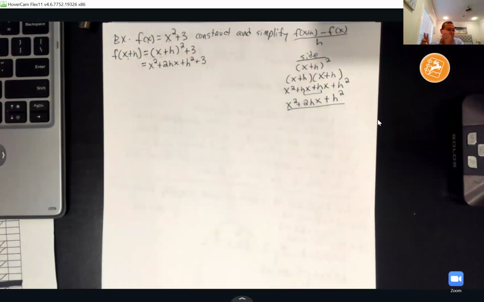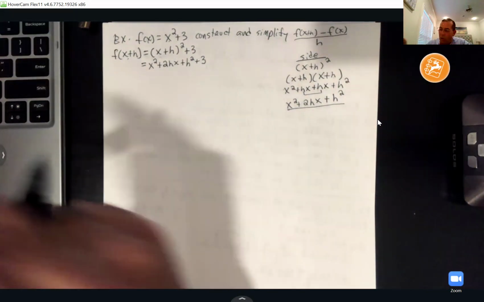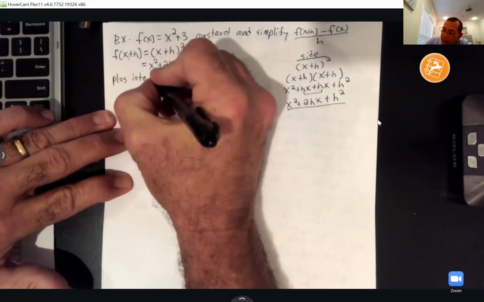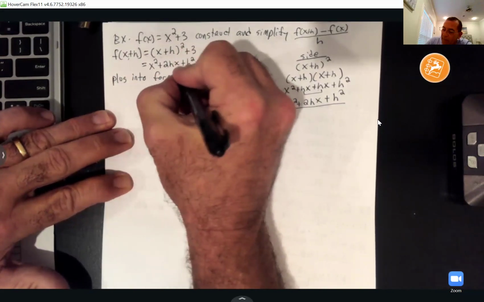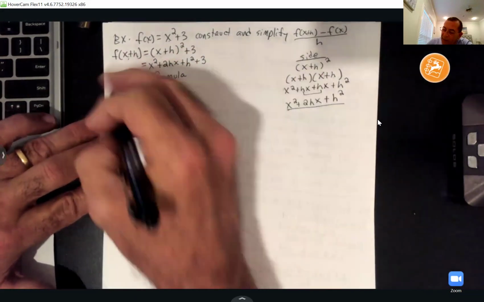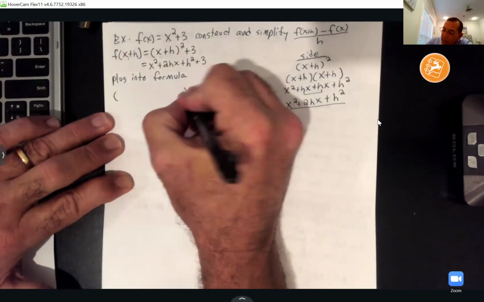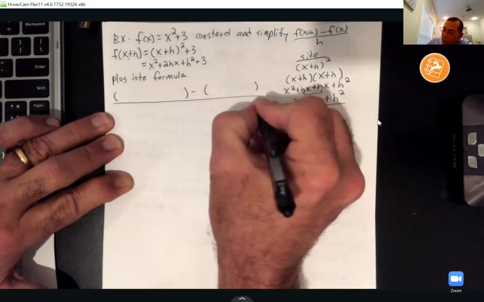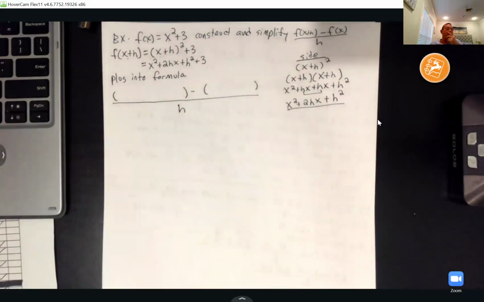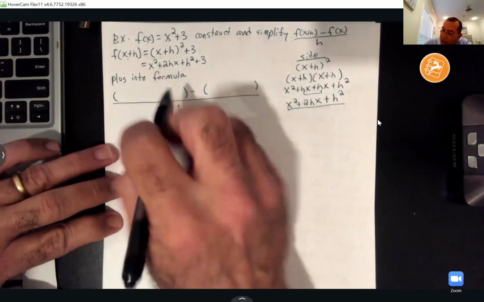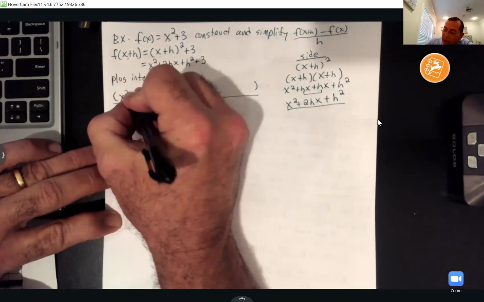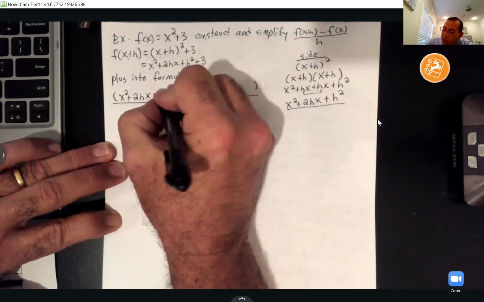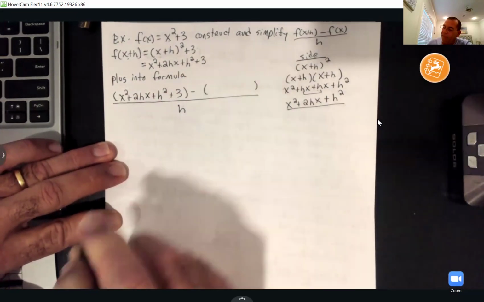So now we're ready to plug everything into that formula. So I'm going to plug everything into my formula. So f of x plus h minus f of x will all be over h. All right, y'all, so let me plug in x squared plus 2hx plus h squared plus 3.